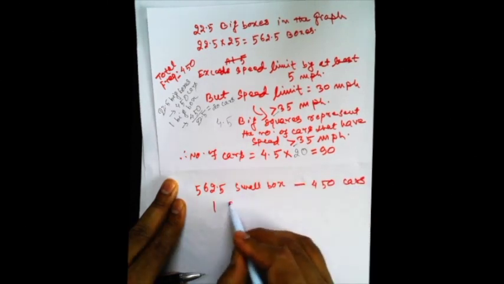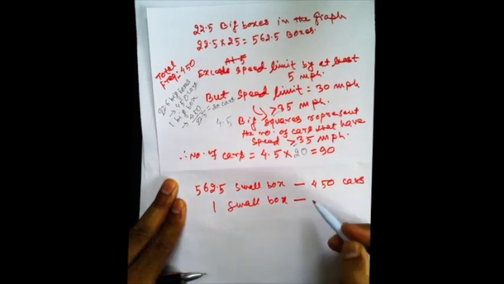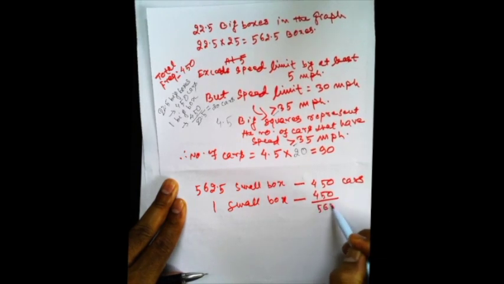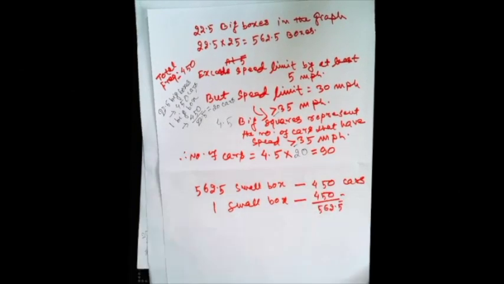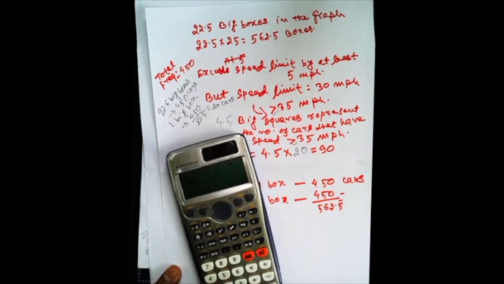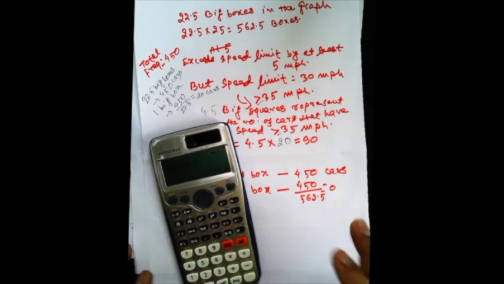Then each small box contains 450 divided by 562.5, and if you calculate this, 450 divided by 562.5, this value is 0.8.